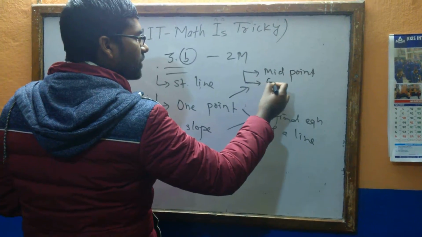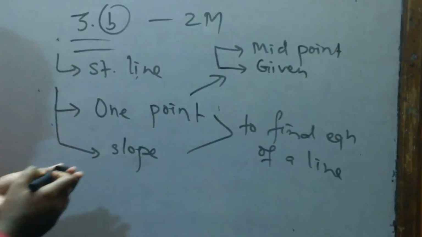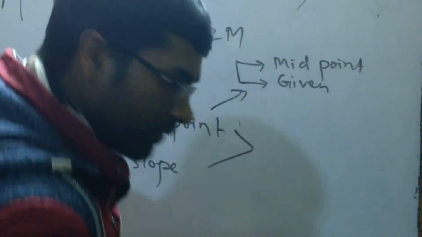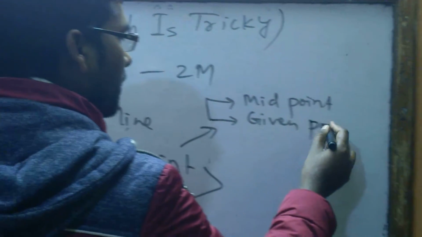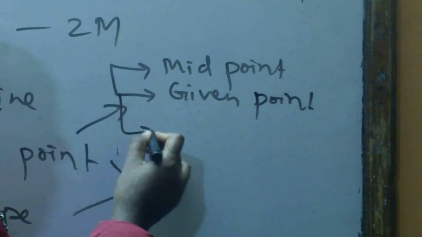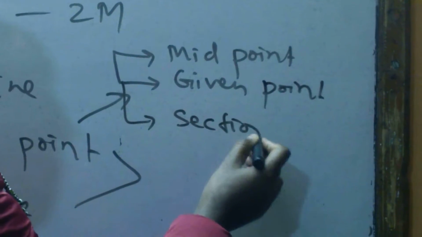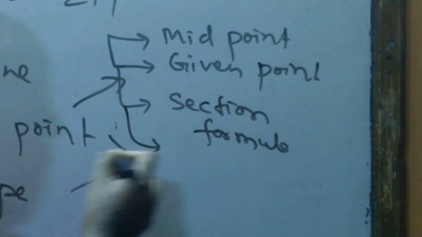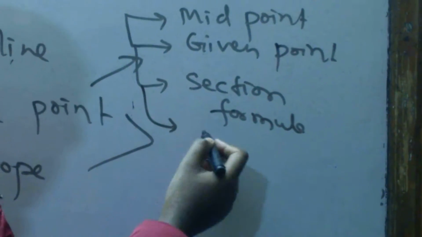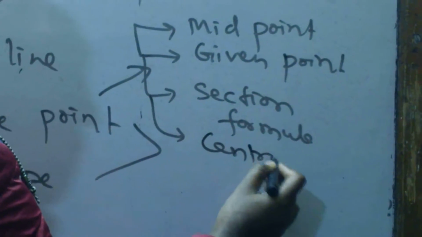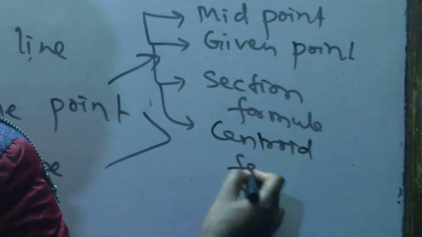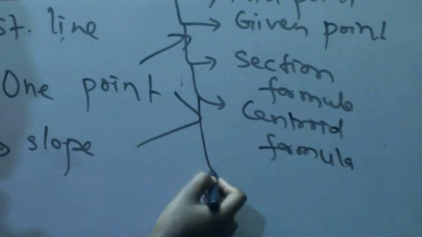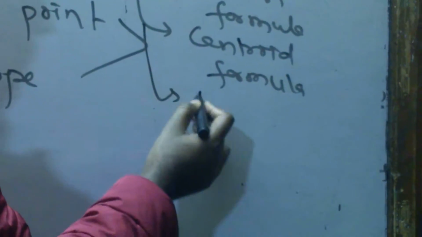Maybe the given point may be there. Sometimes we have to use the section formula to find the point, sometimes the centroid formula, and sometimes the concept of point of intersection.